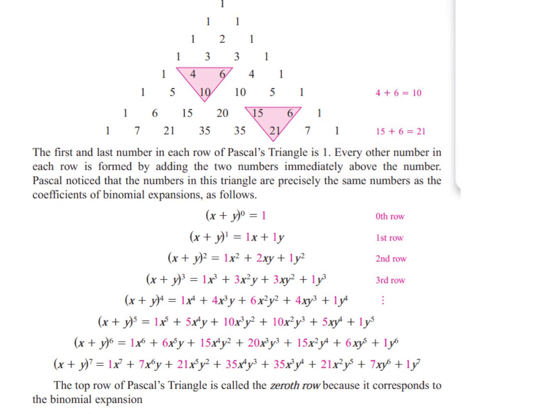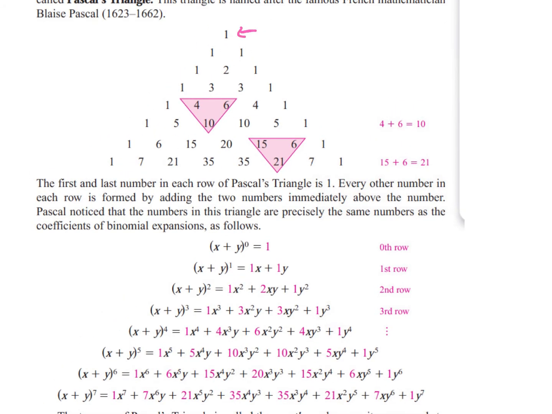So the first number on top, the 1, is not a row. So this would be like the 0 row. And then the one with 2 ones is your first row. So this is the first row, second row, third row, fourth row, and so on.